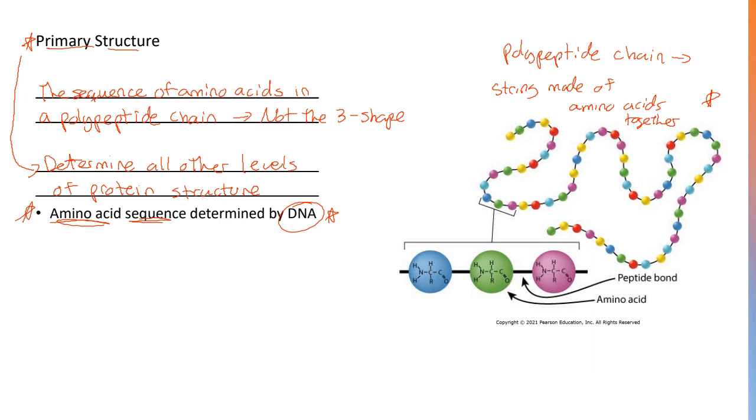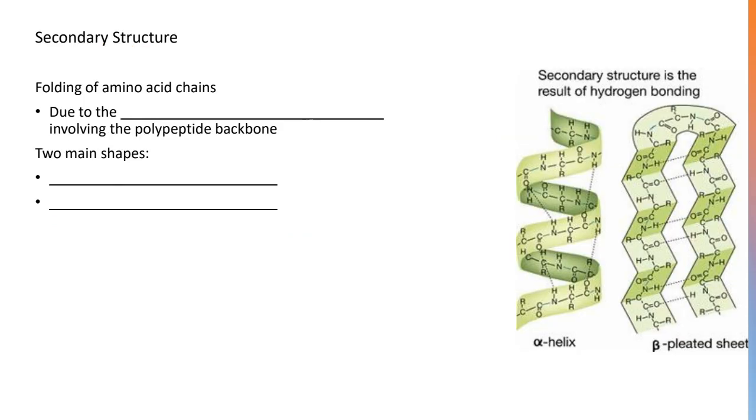But then what happens? Well, interactions within this chain are going to start making it go through some kind of folding. And the first kind of folding we'll talk about is the secondary structure. In the secondary structure, think of it as localized. Let me repeat that.